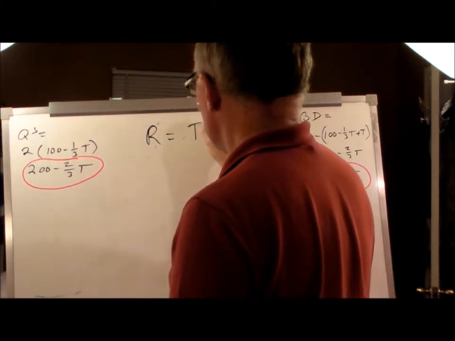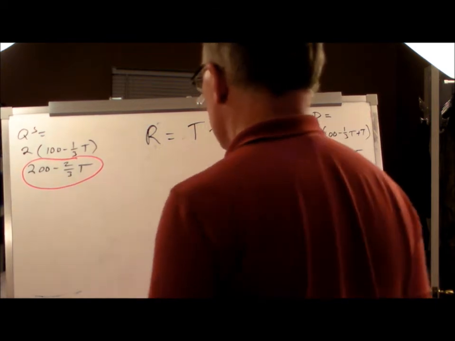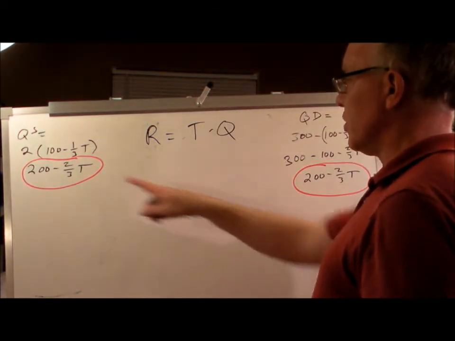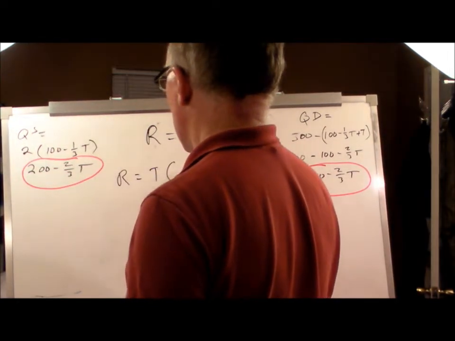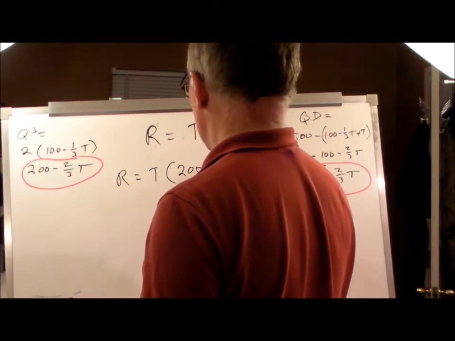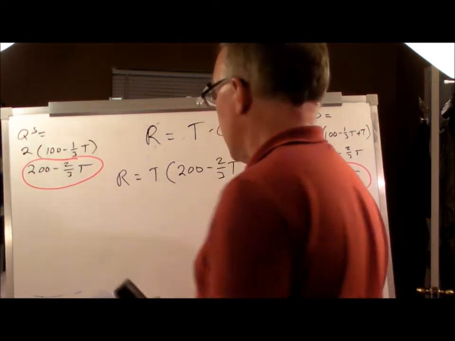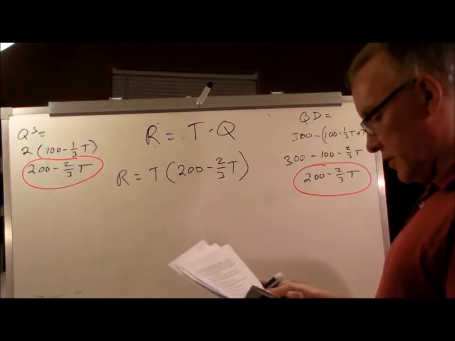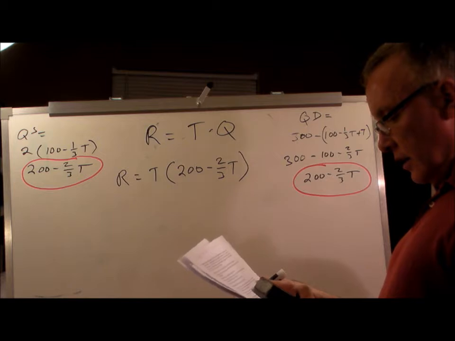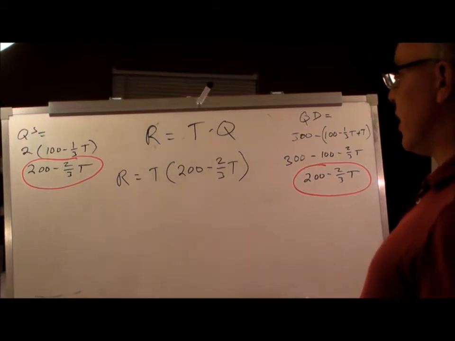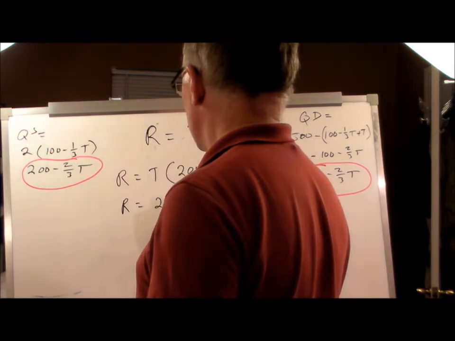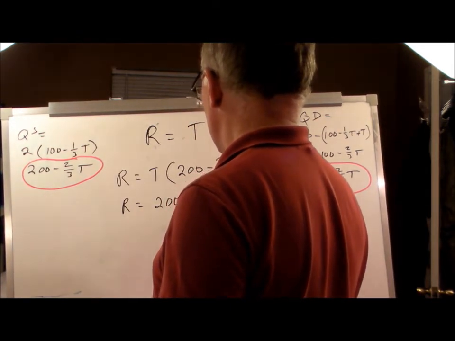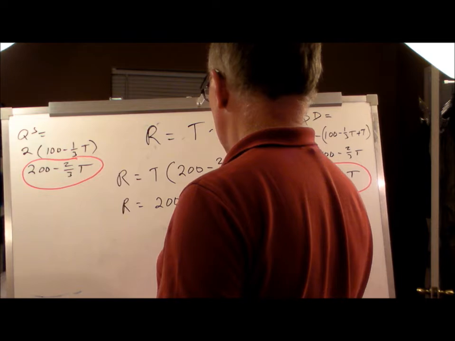Revenue equals T times Q. And of course we know what Q is. So R is going to be T times 200 minus 2/3 T. And it tells us to graph this relationship between 0 and 300. So R equals 200 T minus 2/3 T squared.